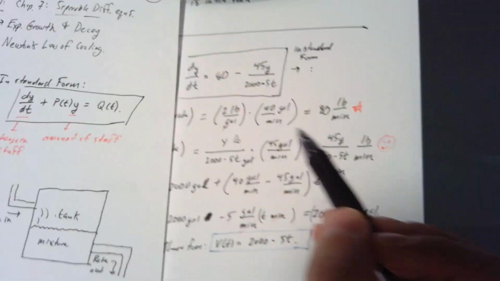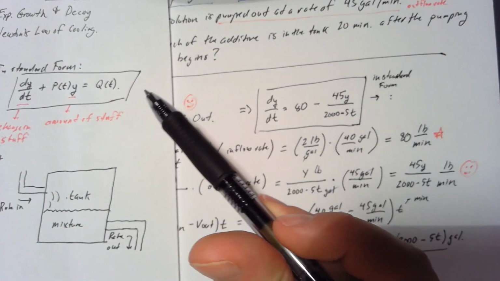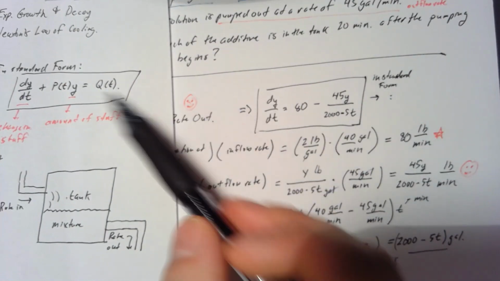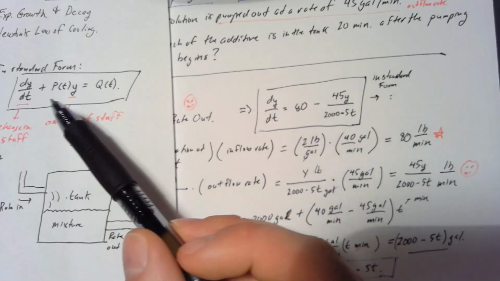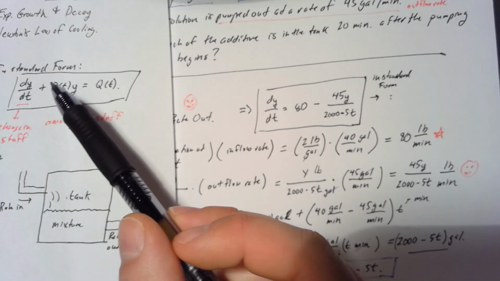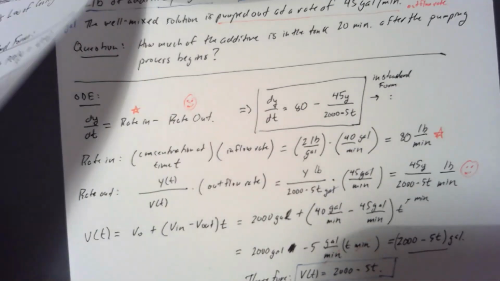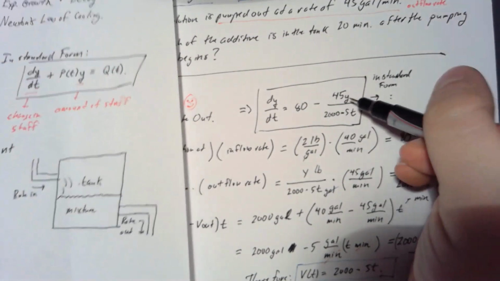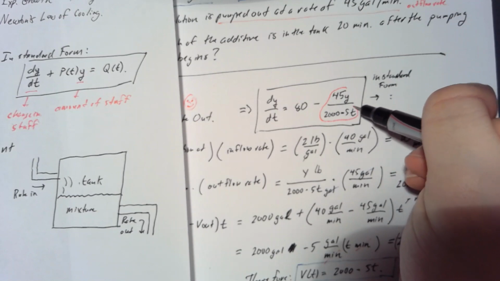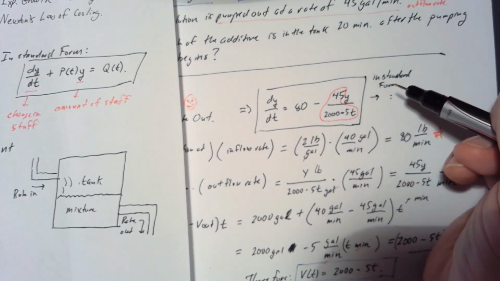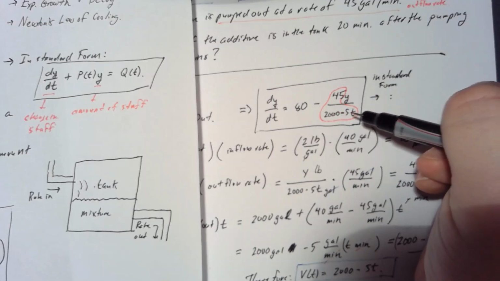So I want you to look at this compared to this. It looks close, but it's not quite there. The dy dt here is by itself. So I have plus something containing t times y, right? Well, look at this right here. Isn't this part right here something containing t? Yes, it is. That's 45 over 2,000 minus 5t.